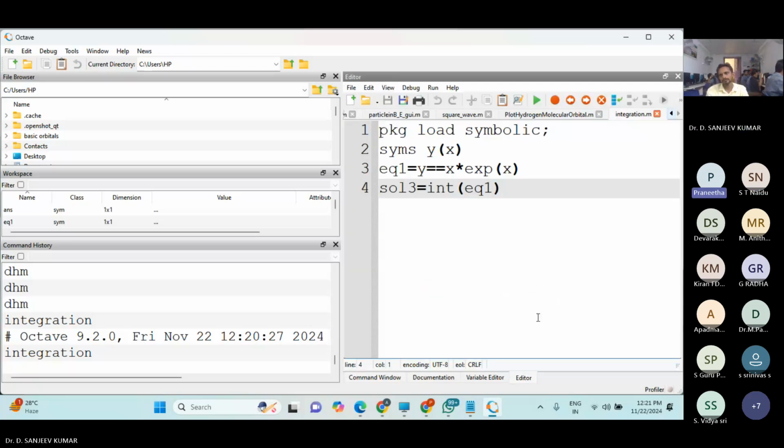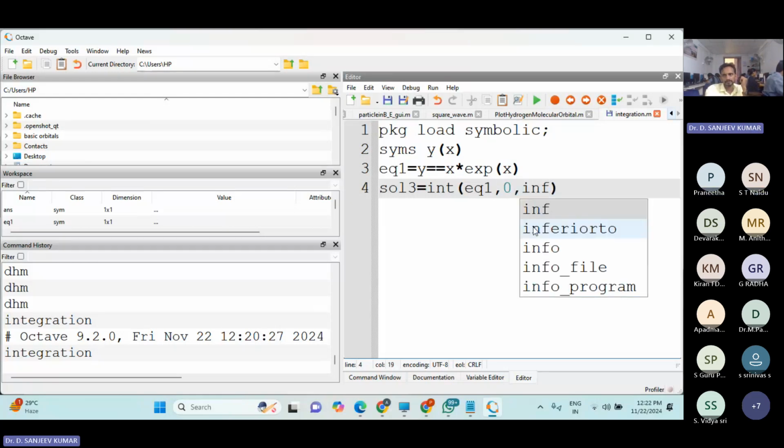This is the program. Since y of x, equation 1, is equal to x e power x. Here you can give limits also.